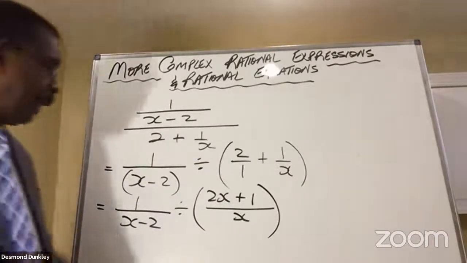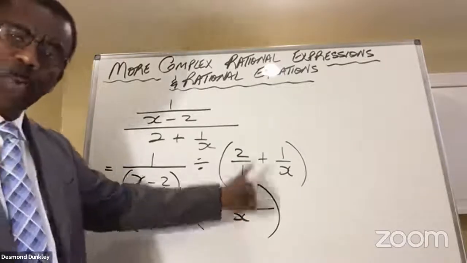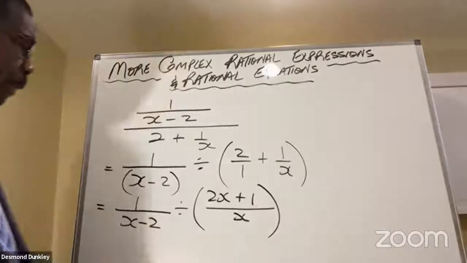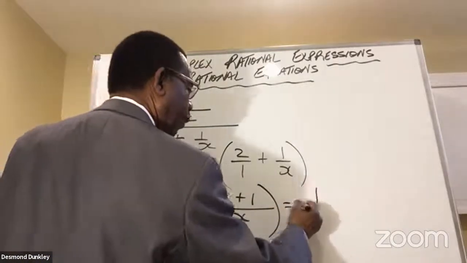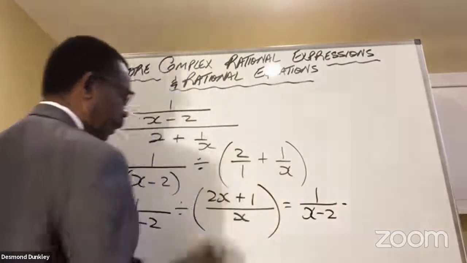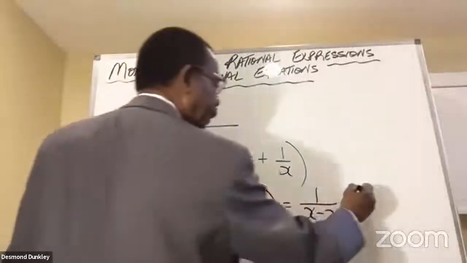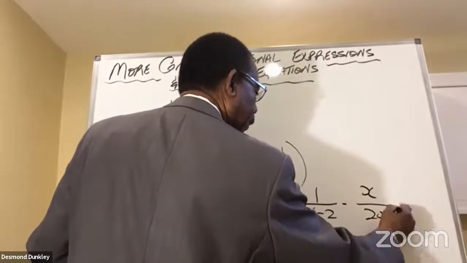So now we have a fraction to divide by. We're dividing by a fraction, so now we can flip and multiply. Therefore the question becomes 1 over x minus 2 times, when I flip it, I get x over 2x plus 1.